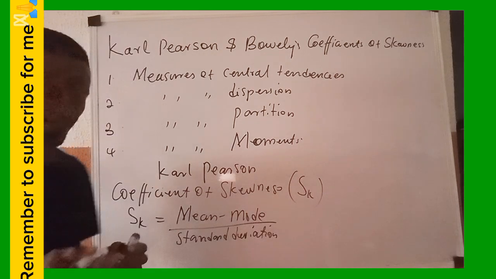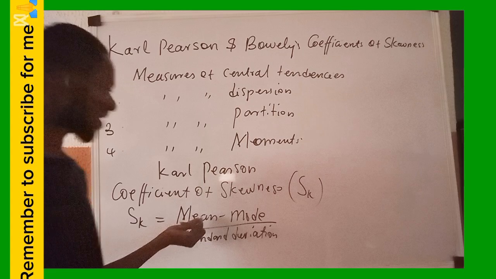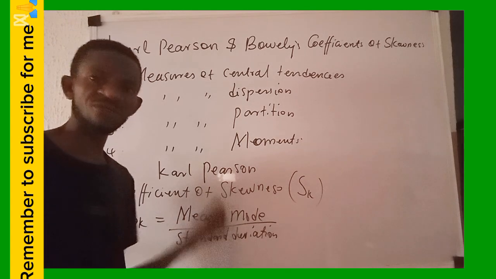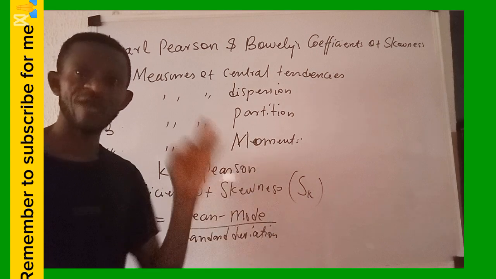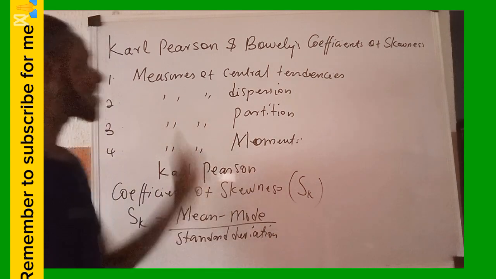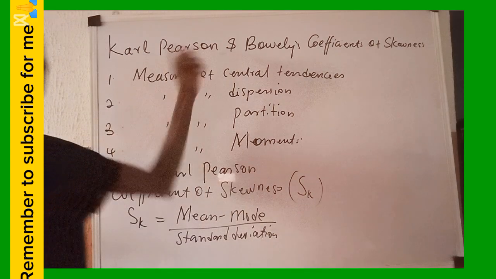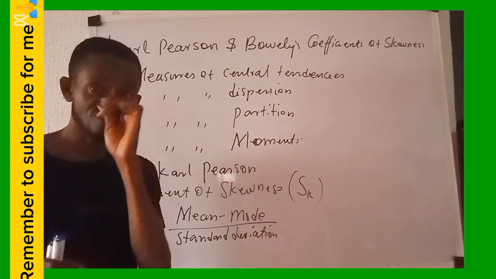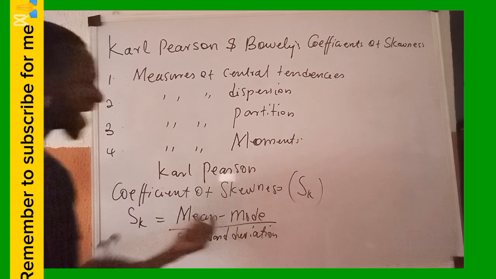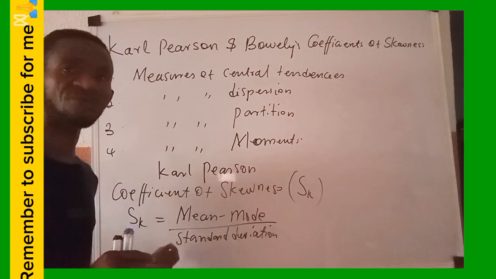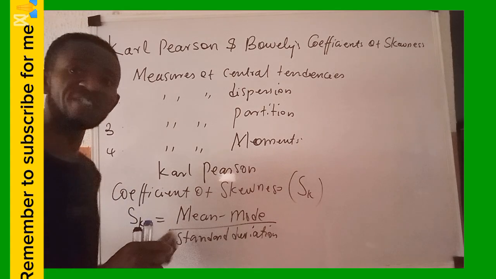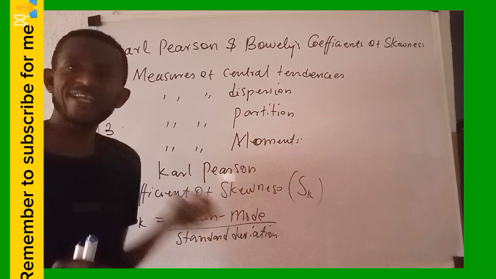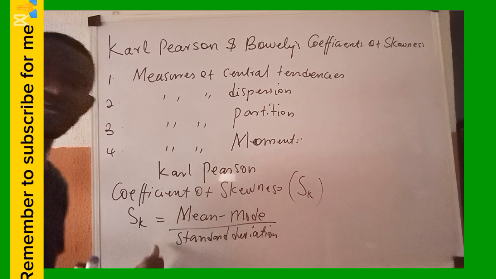That is to say that the moment you know the value of the mean, mode, and the standard deviation from a data set, you can obtain the measure of skewness according to Karl Pearson. And Karl Pearson is saying that the highest value this coefficient of skewness can take is +3, and the least value it can take is -3.